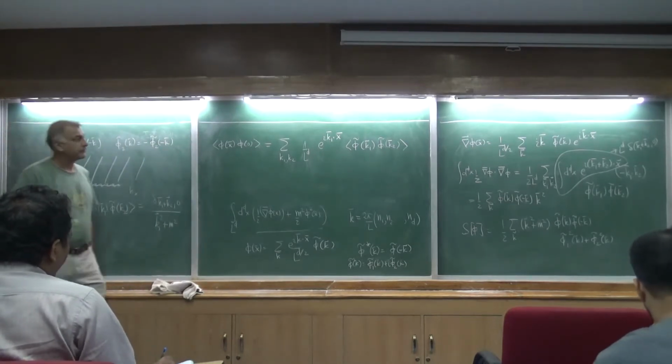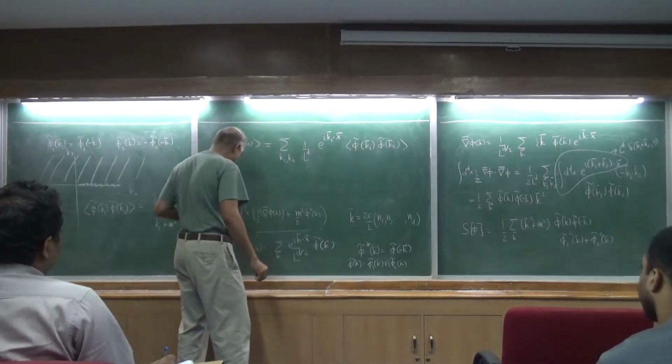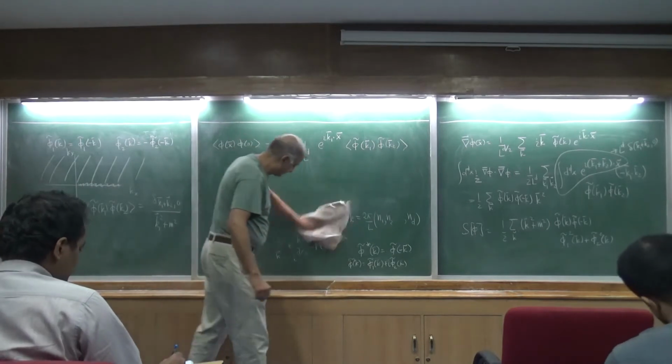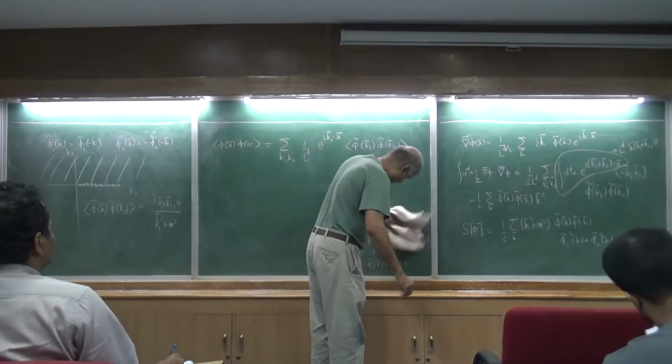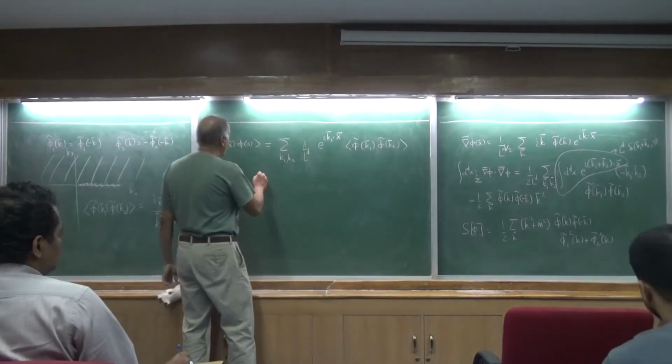Alright, so now I'm going to use the value that I already have. So k2 is going to be minus k1. I'm just going to call it k.